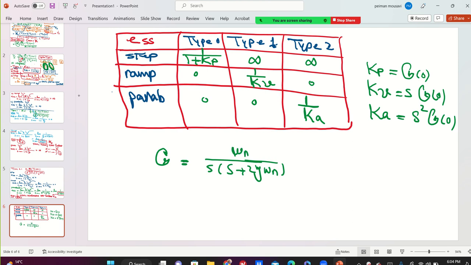Do you remember this? This was for the mass spring damper, right? That we derived together. What's the type of this system, guys? Okay, type 1. That's right.